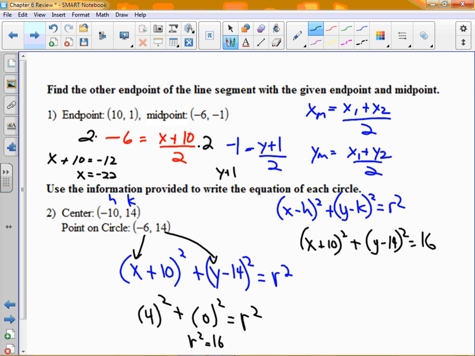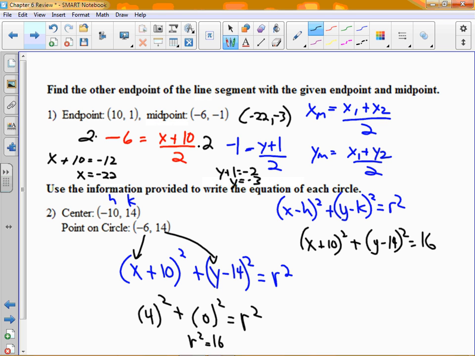Y plus 1 equals, help me, multiply by 2, -2. So y equals -3. So my other endpoint here is -22, -3.